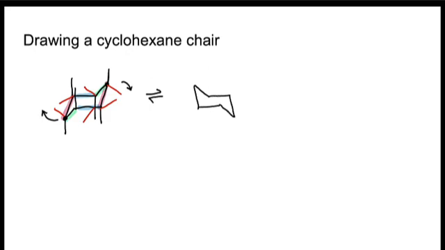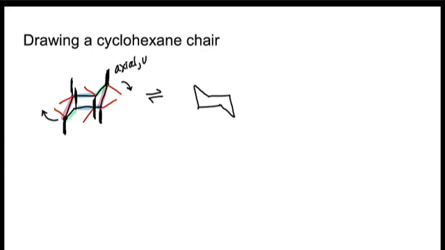So here's my ring flipped conformer, and I'm going to go ahead and draw all of the bonds that were axial. They were done in black, okay? So I'm going to take those positions and draw them on the ring flipped structure.